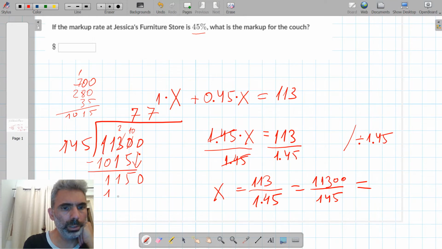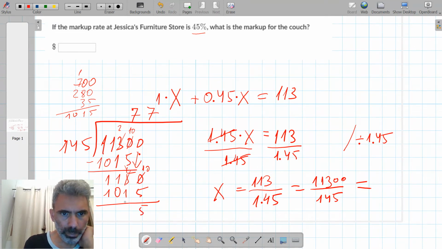We already calculated it. Okay, it's 1015, and we have a remainder of... this becomes 4, this becomes 10, 10 minus 5 is 5, 4 minus 1 is 3, wow.